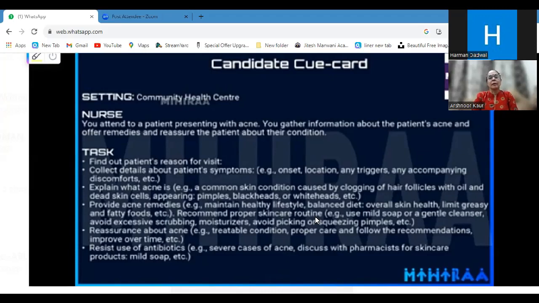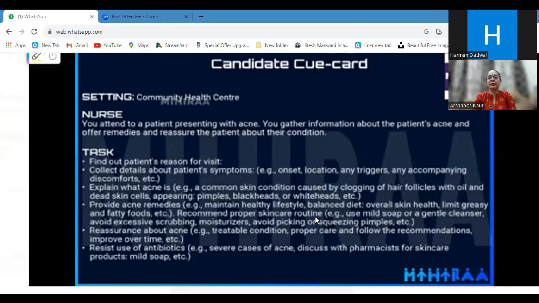So, do not see the gender of the interlocutor at that time. Suppose it's a female patient, you have to assume the interlocutor as a female patient. Regardless of the gender, you have to start your role play and convey your message in the same way. Do not get messed up with this.